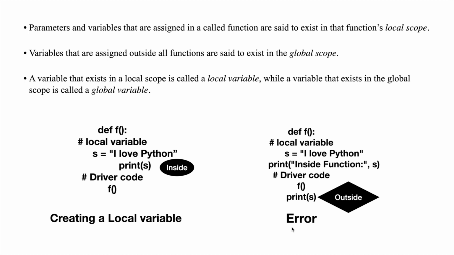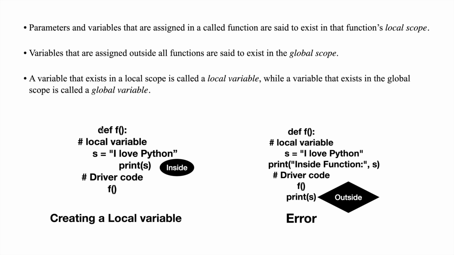Parameters and variables that are assigned in a called function are said to exist in that function's local scope. Variables that are assigned outside all functions are said to exist in the global scope. The variable that exists in a local scope is called a local variable, while a variable that exists in the global scope is called a global variable.